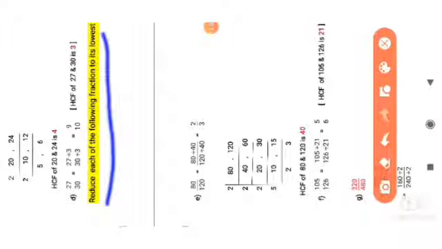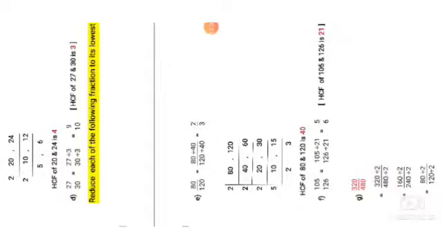Reduce and simplest form are both the same. So if the instruction is find the simplest form or reduce each of the following fractions, it means you have to do both in the same way. The steps are the same. Now let's start to reduce the next sum.